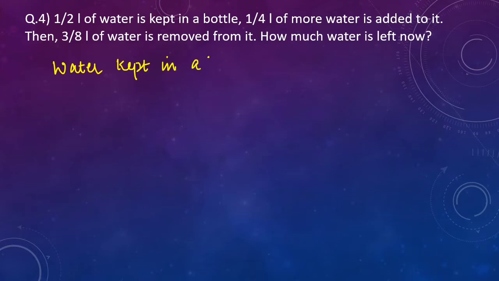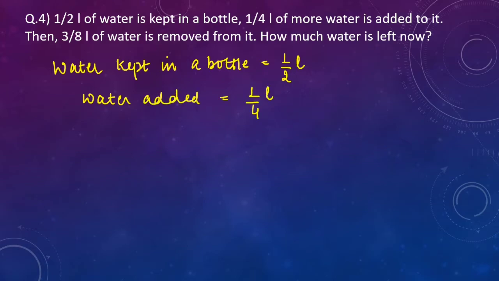Water kept in a bottle is equals to 1 upon 2 liter. Water added in the bottle is equals to 1 upon 4 liter. Water removed from the bottle is equals to 3 upon 8 liter.